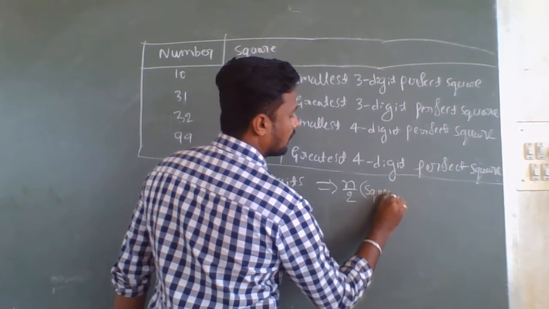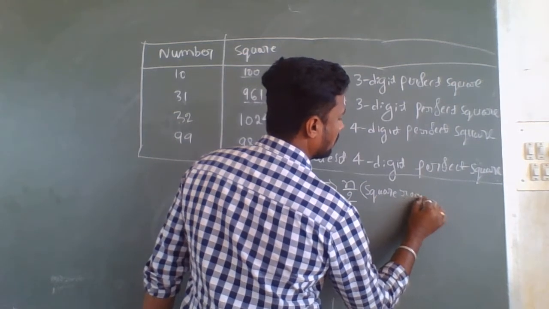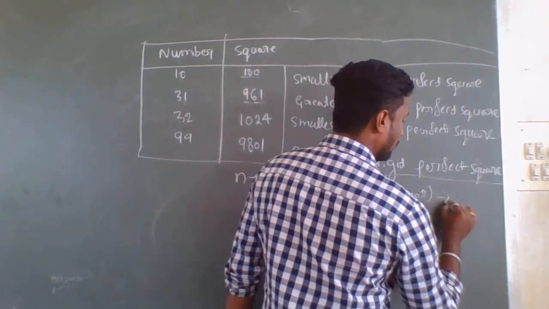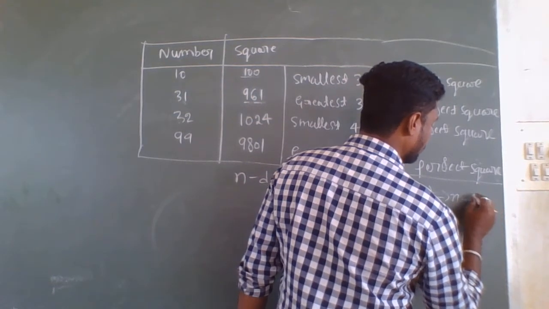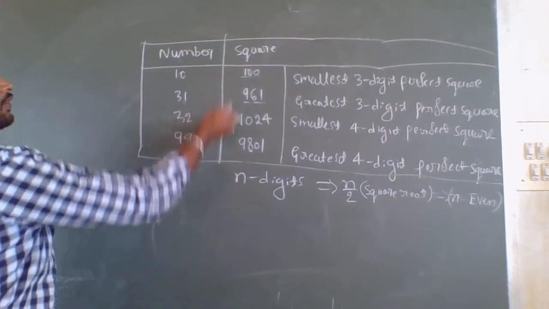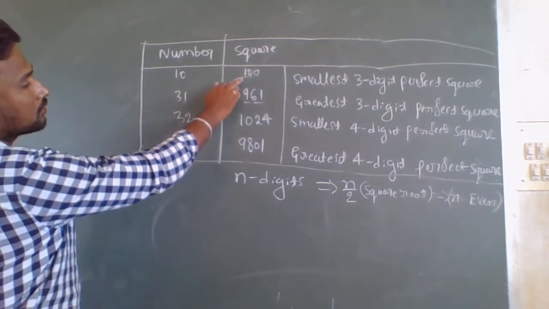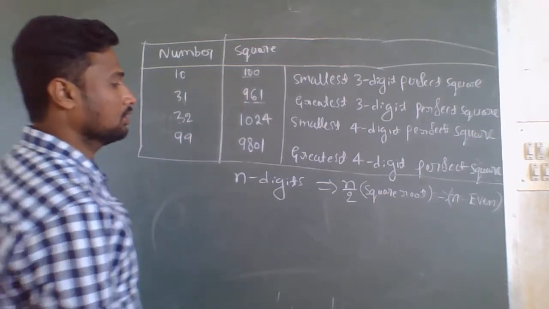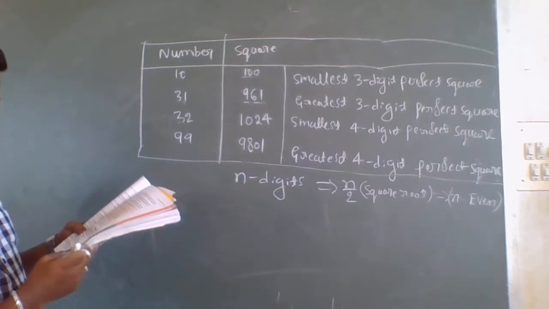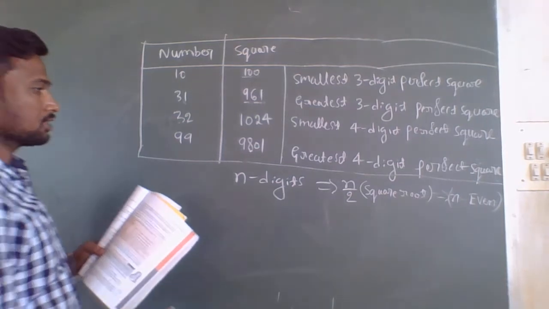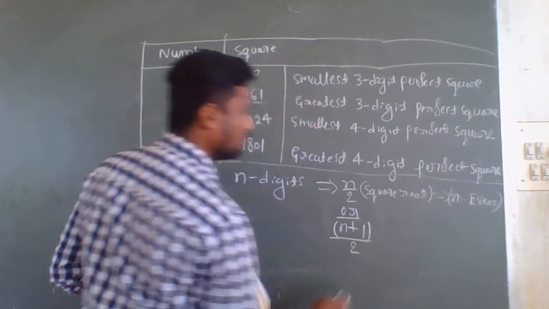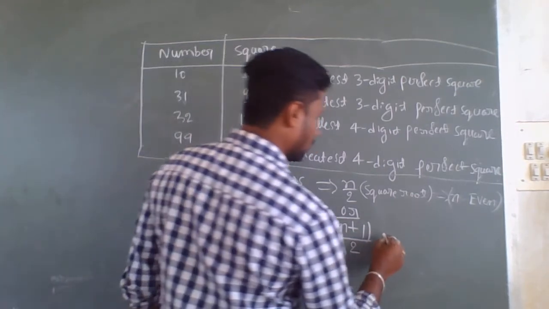What is n? Number of digits in the square value. If the number of digits in the square value is even, then the square root will have n by 2 digits, or n plus 1 by 2 if n is odd.